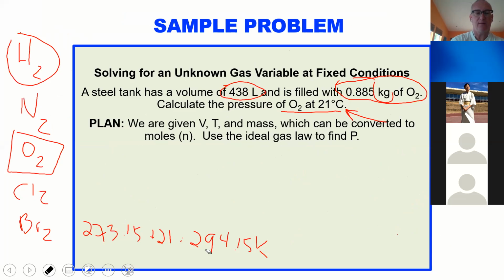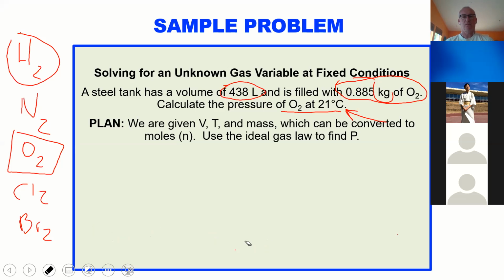What does an answer need? Measurements. Units, yes. A number is meaningless without a unit. What's the unit? ATM, which is atmospheric pressure. Right.